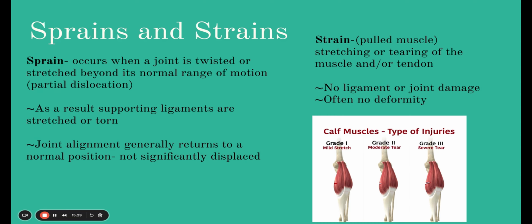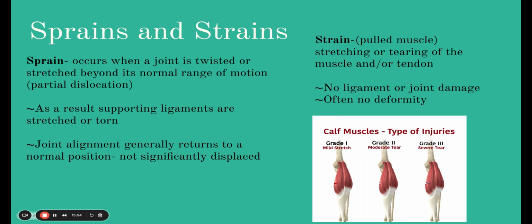A strain is a pulled muscle, which results in stretching or tearing of the muscle and or the tendons connecting the muscle to the bone. So no ligament or joint damage, and there's often no deformity. That can be even harder to diagnose in the field.